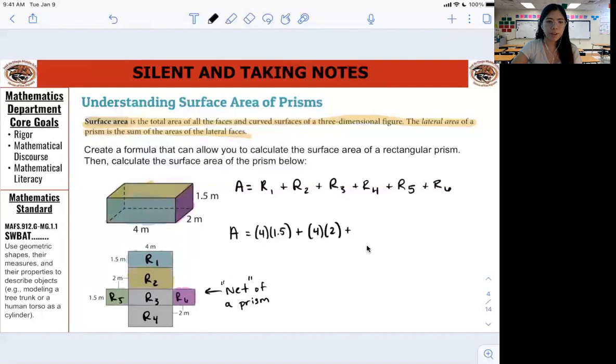How about R3? What would R3 be? 4 times 1.5 again. Okay, keep it going. R4.